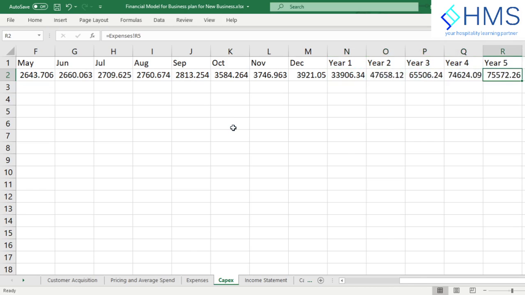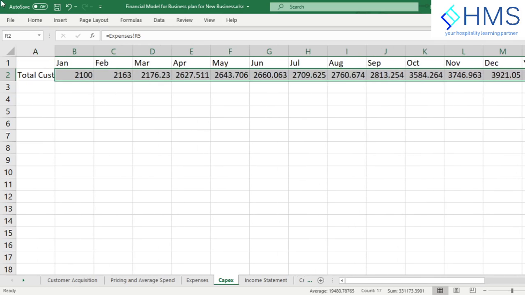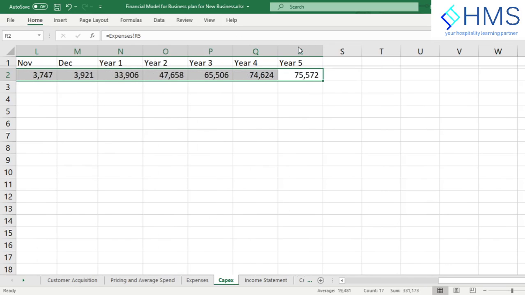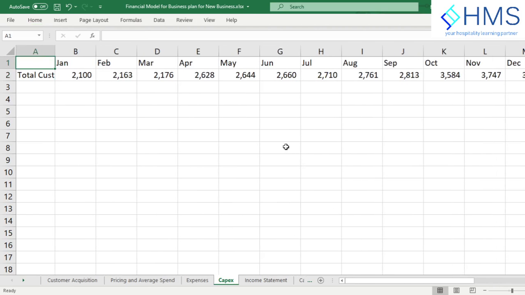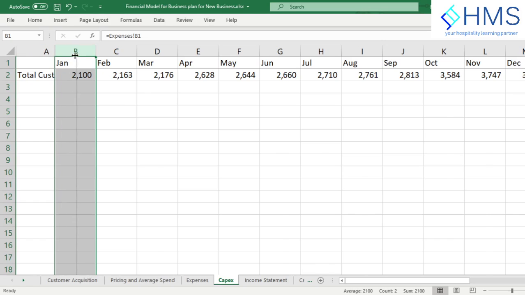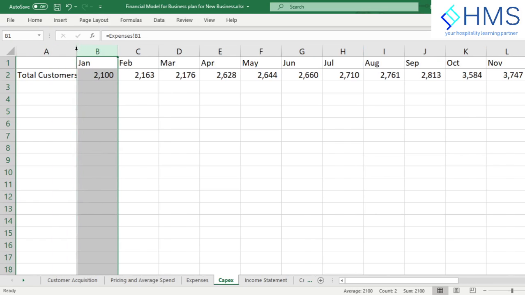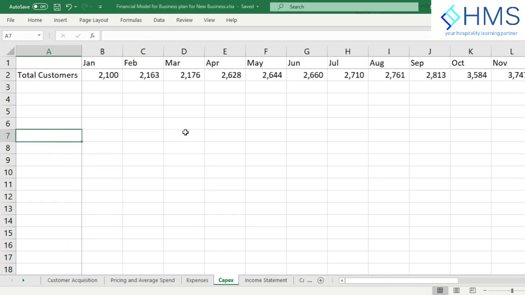Let's look at the format of the cell so that it is proper. Okay, great. And we can make it fixed so that it does not change.